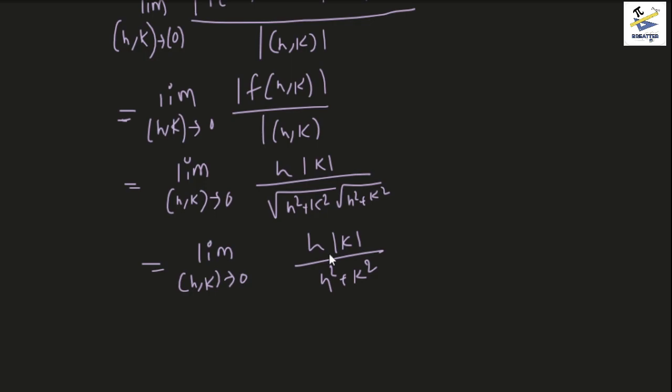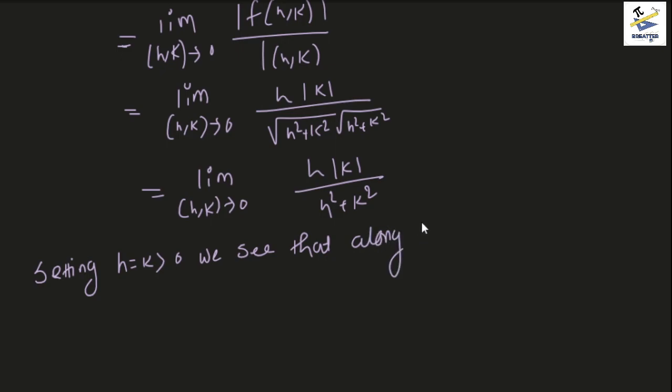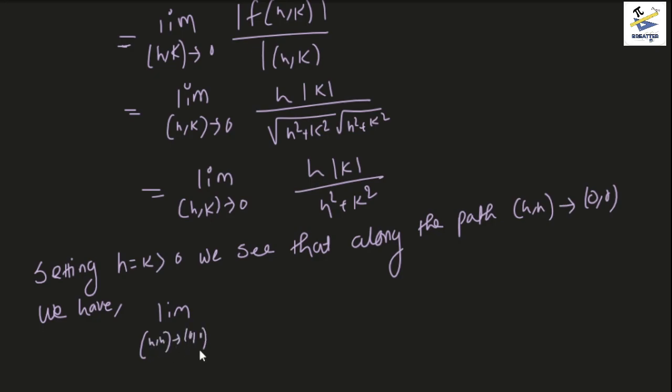And we can see that the limit does not exist by various methods, but the simplest one is that along the path h equals k we have h squared divided by 2h squared, which is basically 1 by 2, and it is not equal to 0.